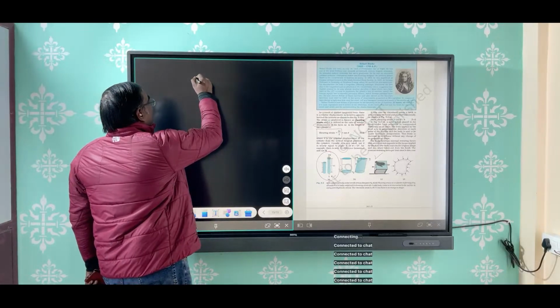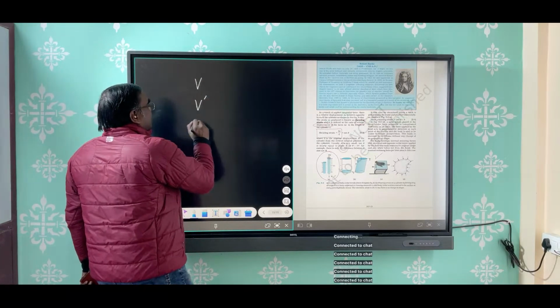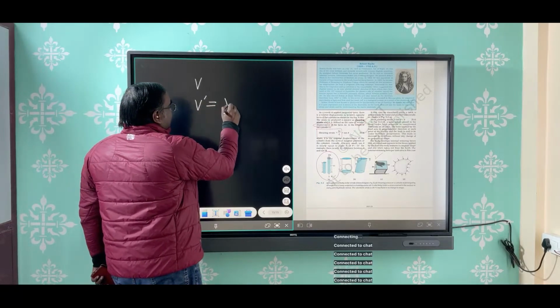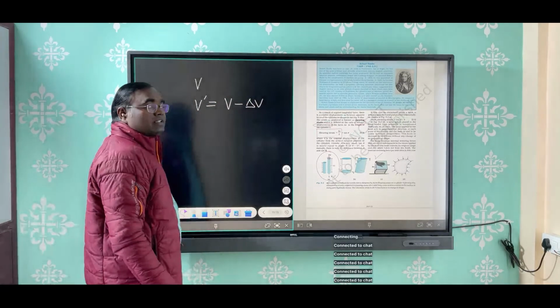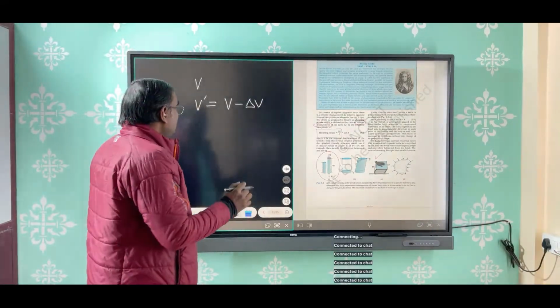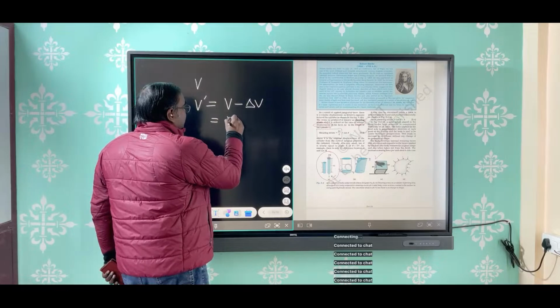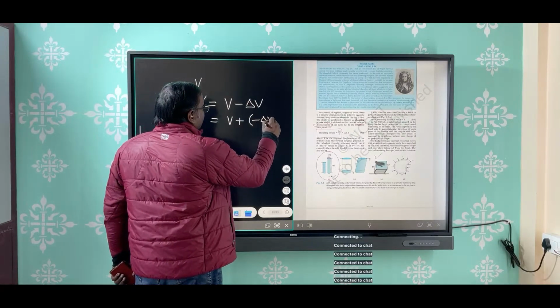Suppose if initial volume was V and the final volume was V prime, that is decrease means V minus delta V, right? There is a decrement in the volume. So here V prime is equal to V plus minus delta V.